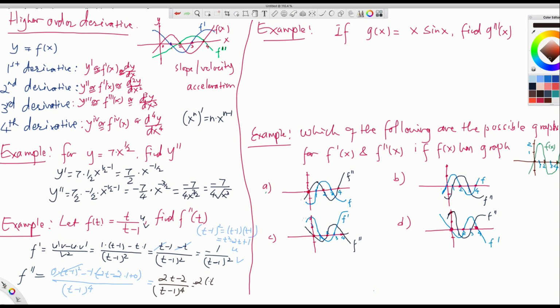What is left is t minus 1 over t minus 1 to the 4. You see that? But you can cancel one of those, because there are 4 of the t minus 1 multiplied together. If you cancel one, then only 3 are left. So that is 2 over t minus 1 to the third.